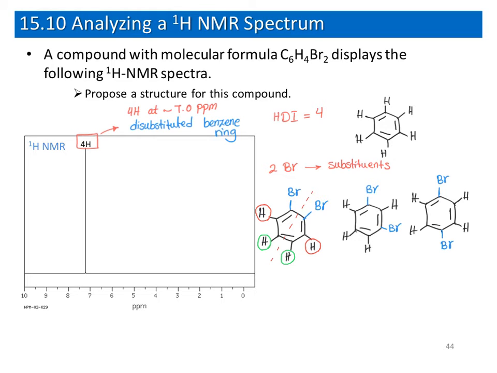Overall, we expect to see 2 signals for this structure. Now let's look at this structure. We have symmetry right here. So we are going to see one signal for this one and one signal for this hydrogen. These 2 hydrogens are exactly the same. So we expect to see 3 signals here.